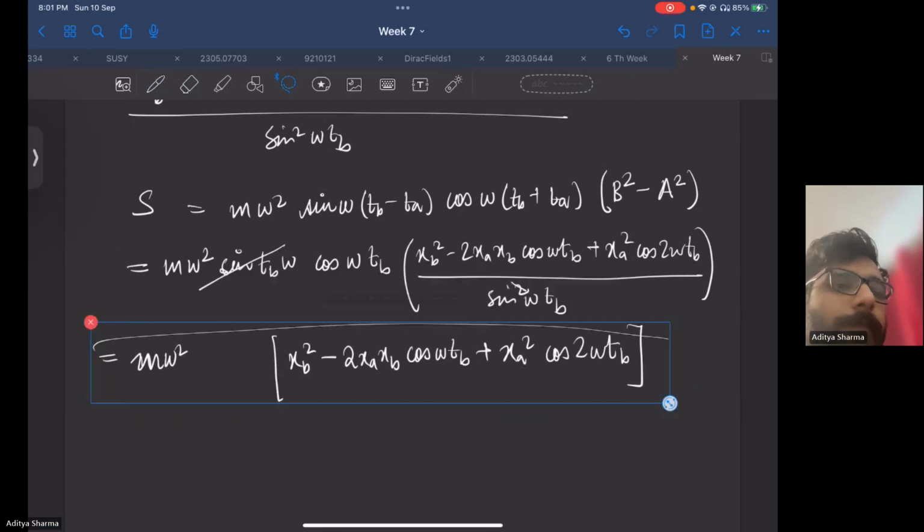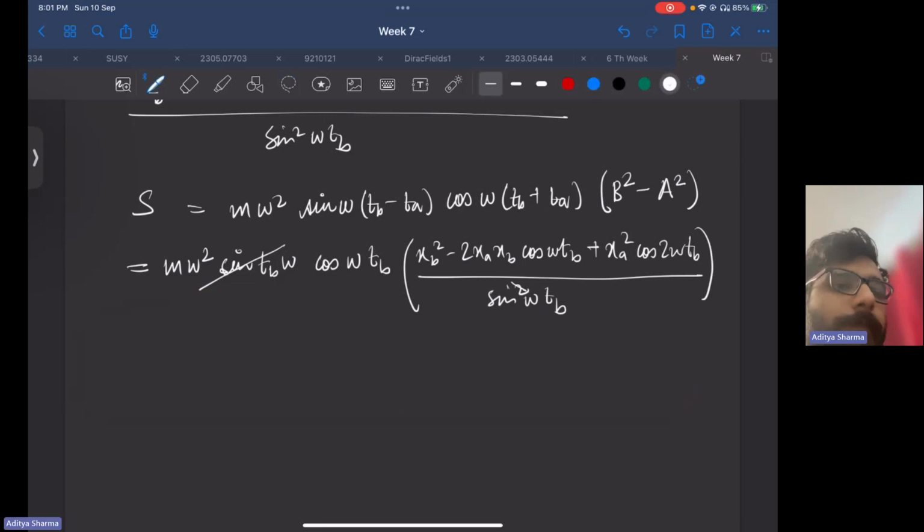I will declare a manipulation: m square omega square cos.